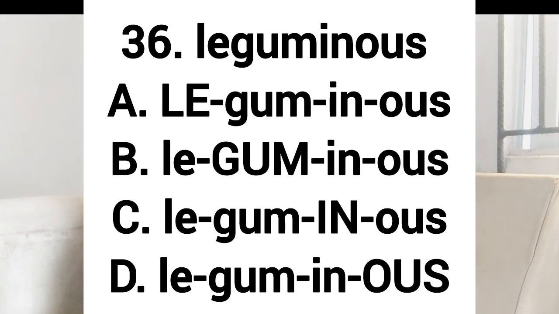Leguminous is an adjective, and the stress must be on the first syllable. Leguminous is like a family word. Legume, legume. But when we say legume, legume is a noun, but leguminous is an adjective.